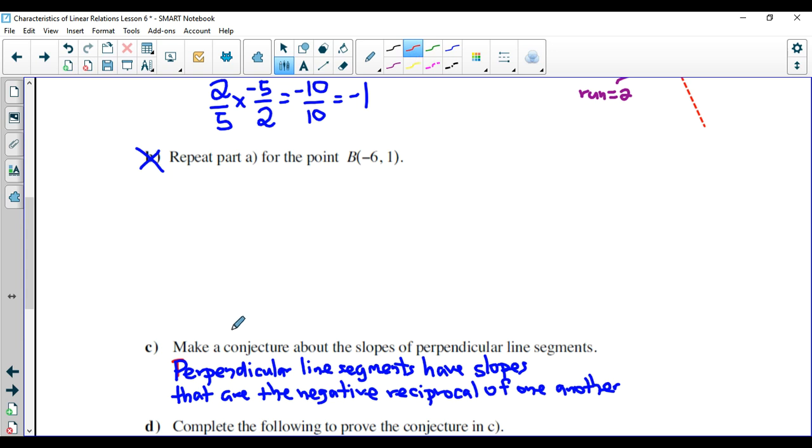Okay, so that is the key defining relationship between line segments that are perpendicular. Perpendicular line segments have slopes that are a negative reciprocal of each other.